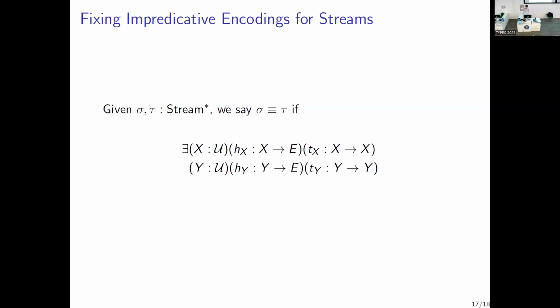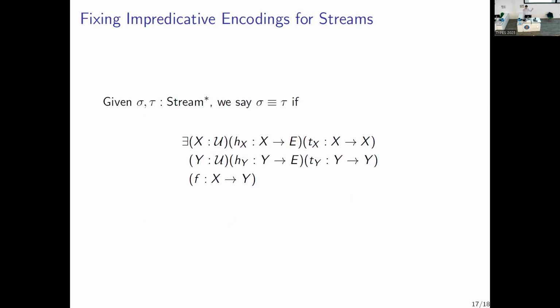Let's say we have two streams, sigma and tau. We identify them if there are X, Y that are co-algebras, so we have suitable hX, hY, tX, tY.